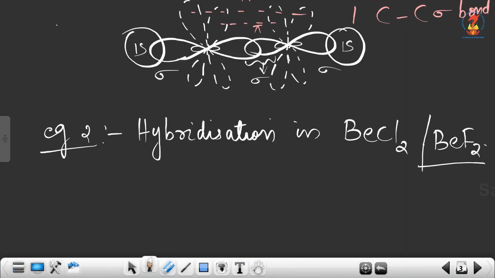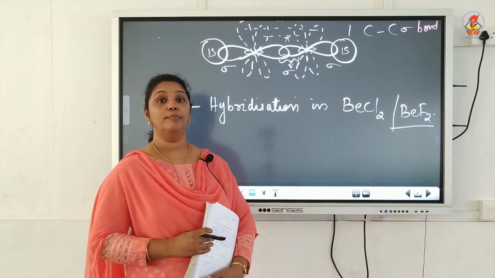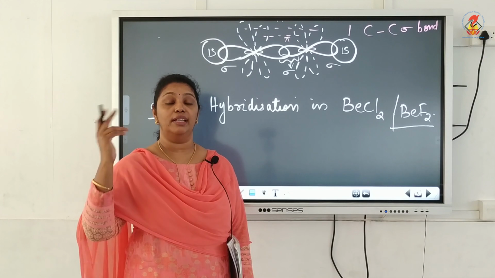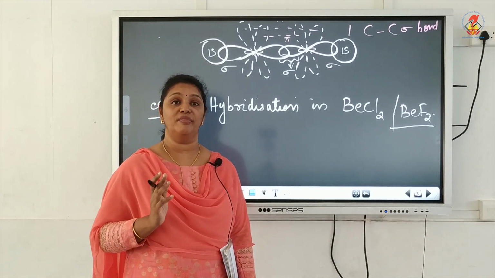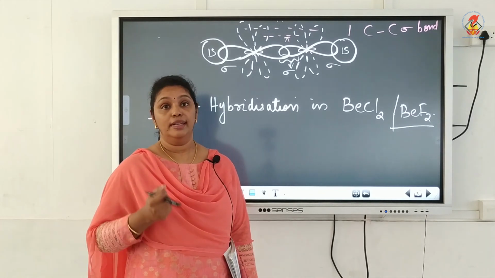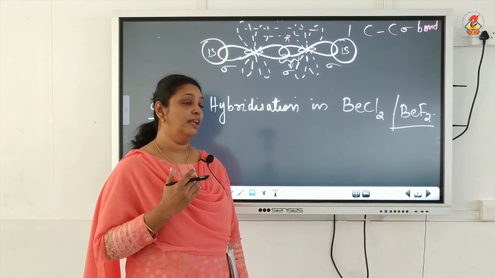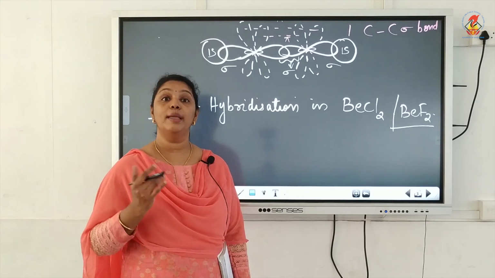Now I am going to discuss for beryllium fluoride. We know that in the VSEPR theory we saw that beryllium fluoride has a linear shape with 180 degree bond angle. Now let's discuss the shape of beryllium fluoride on the basis of hybridization.